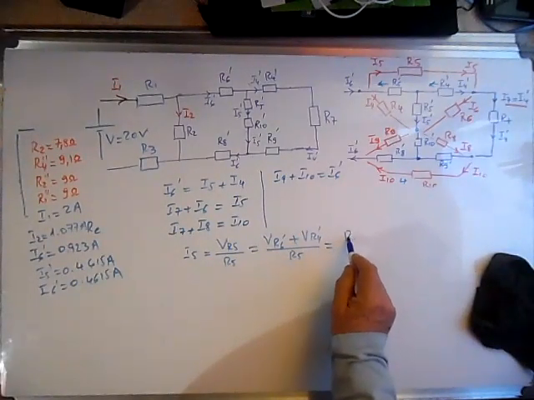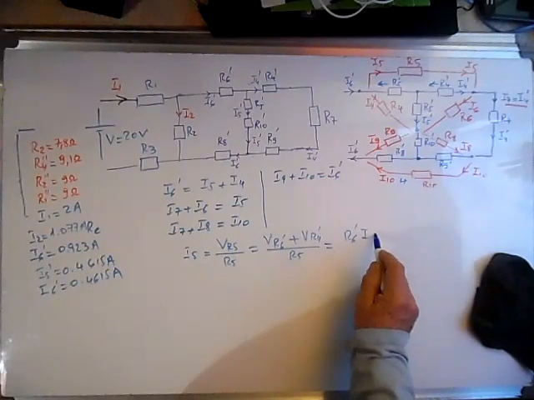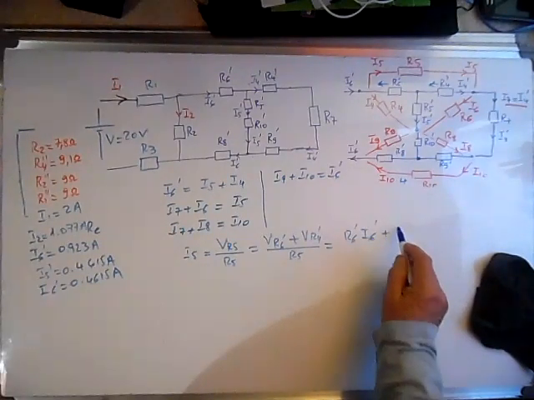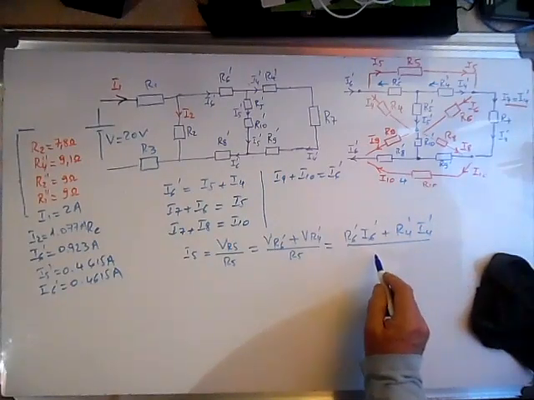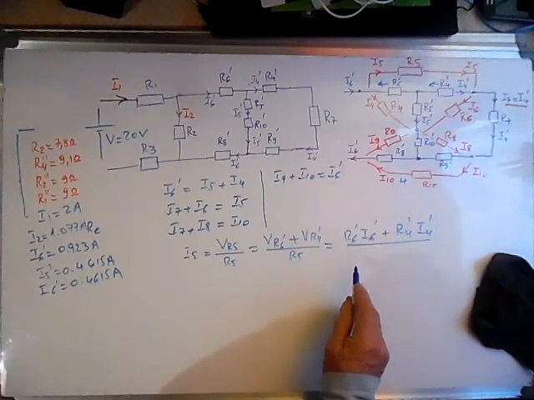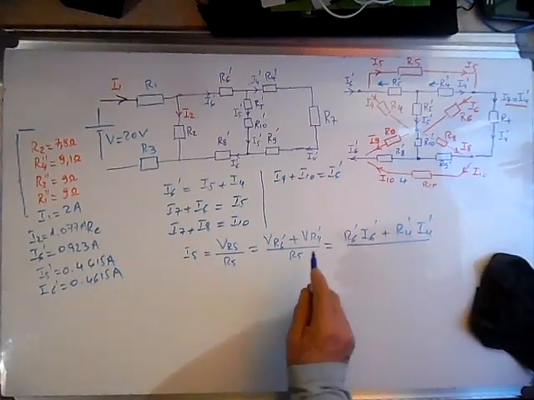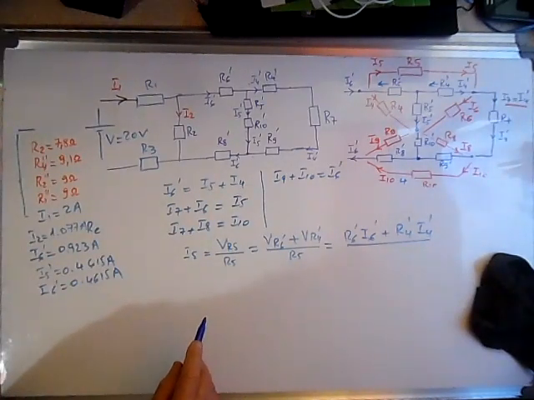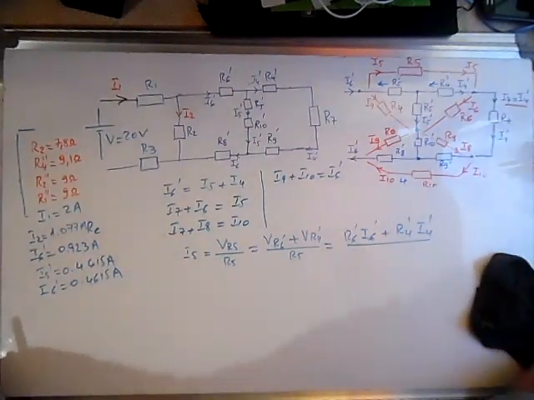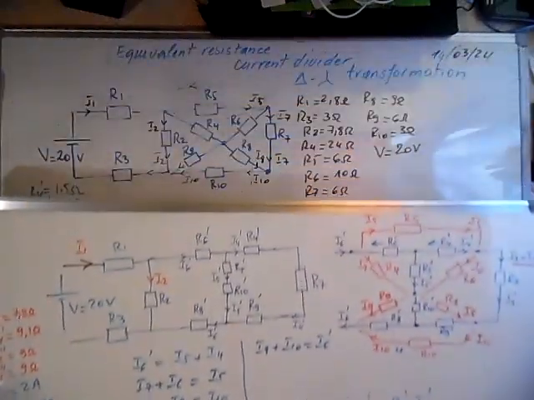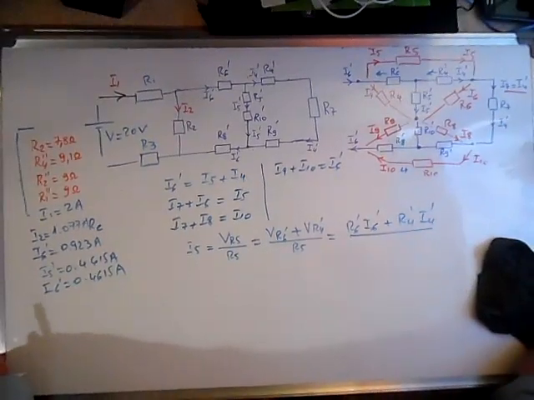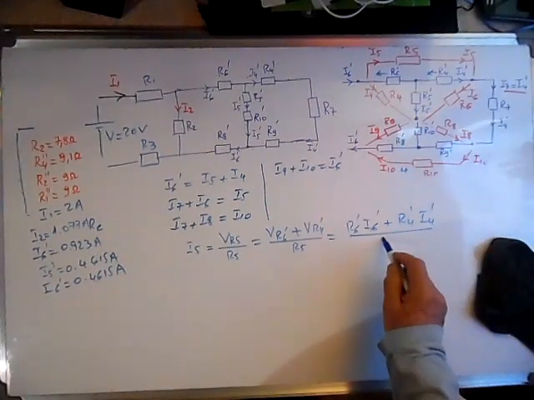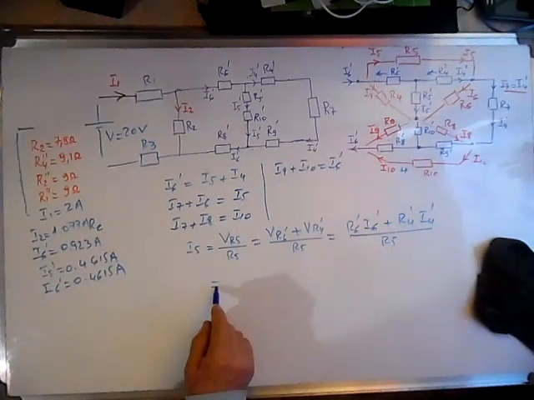And this is R6 prime times I6 prime plus R4 prime times I4 prime over R5, which is R5, where is it? R5 is 6. So we can calculate.